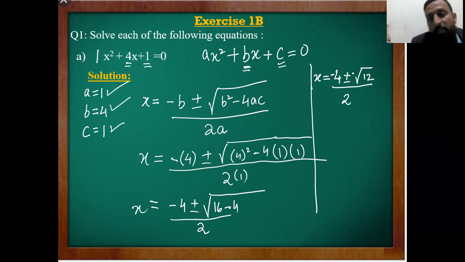One more important thing: as 12 is not a perfect square, we need to use our calculator to evaluate the value of root 12. Please make sure you use your scientific calculator. The calculator gives the value of under root 12 as 3.46.